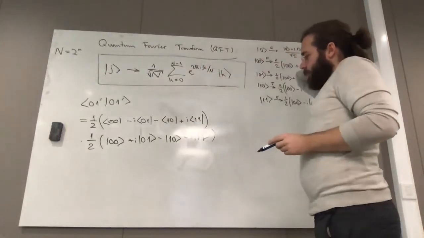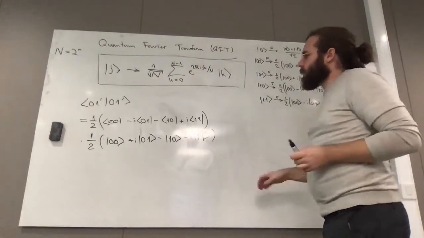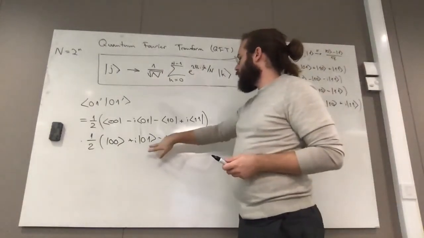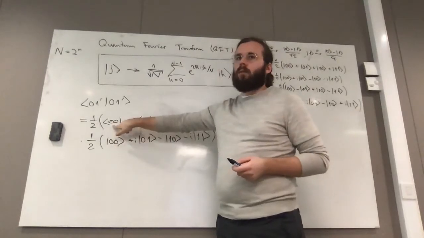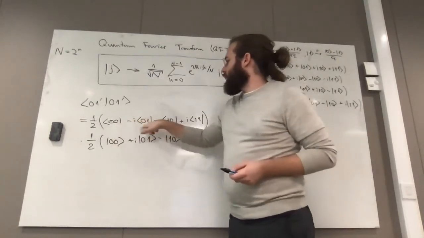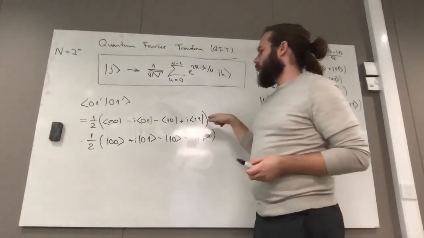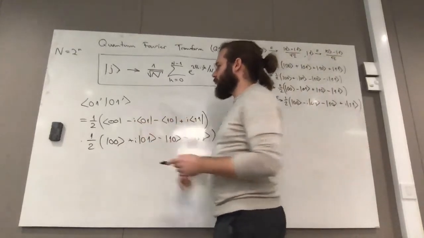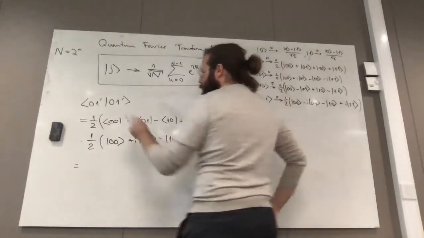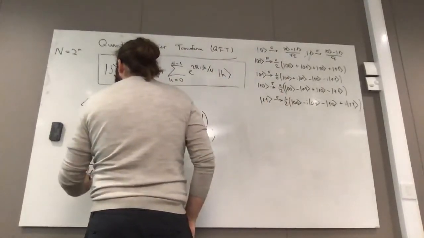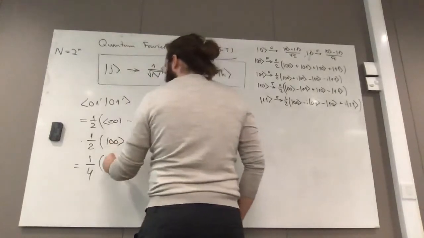So I want to multiply this out, and we know that the old basis states are also normal, right? So these two together become 1, while this times any of the others just becomes 0. So all we have to care about are the ones that are lined up here. And multiplying it together, we get 1.